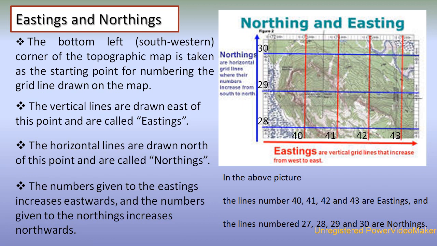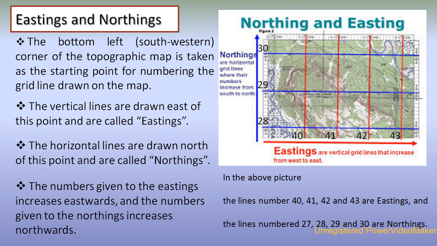The vertical lines drawn east of this point are called eastings. From the bottom left corner towards the east, the vertical lines which are drawn are called eastings. The red color ones you might find in the right side map are called eastings.